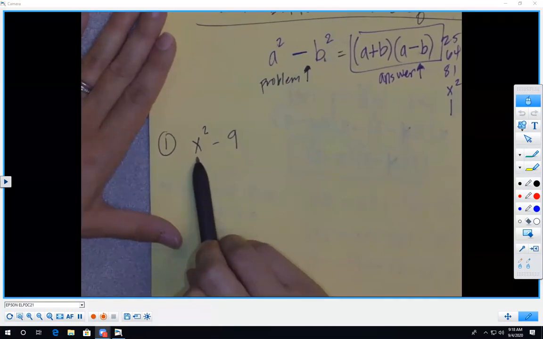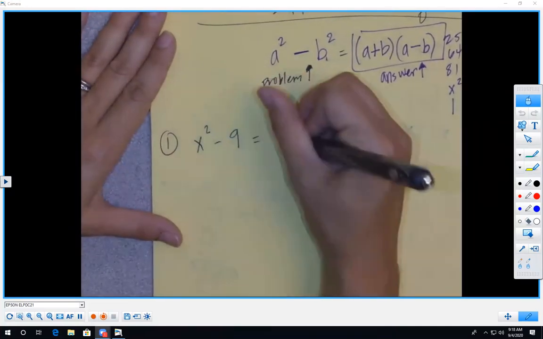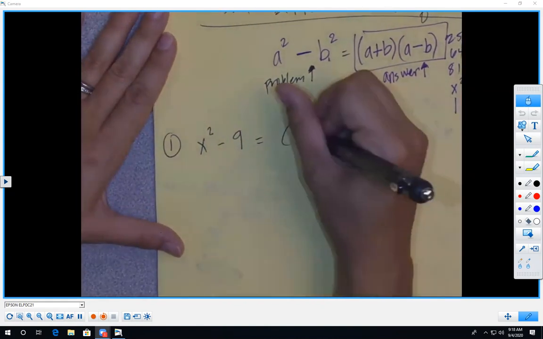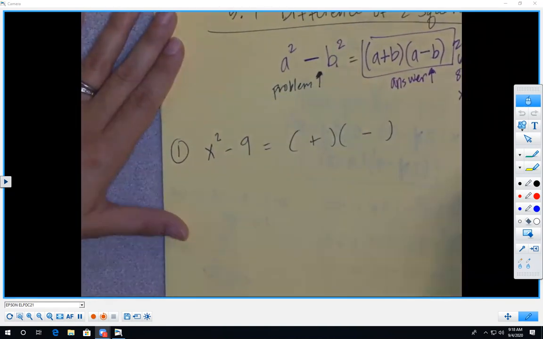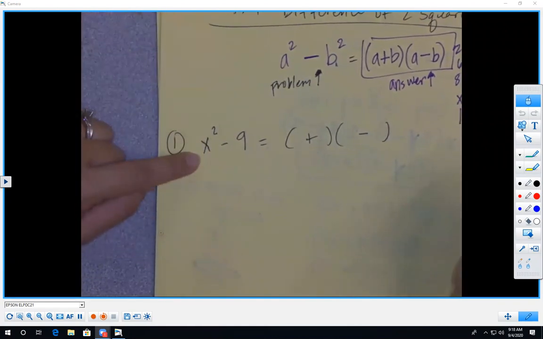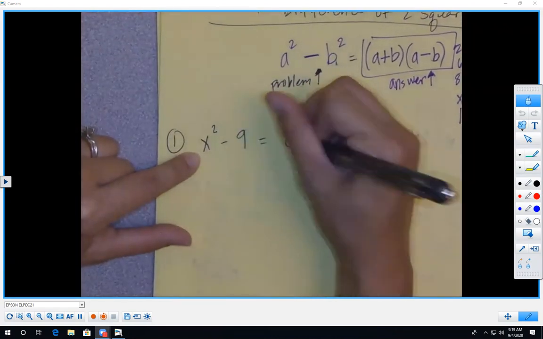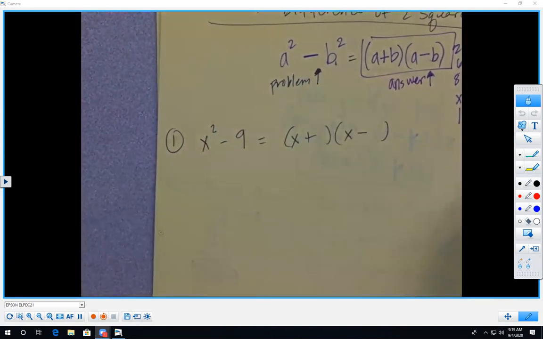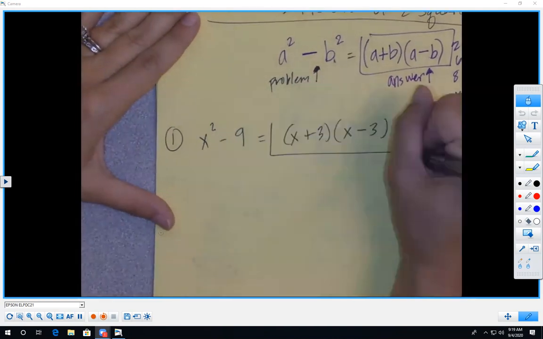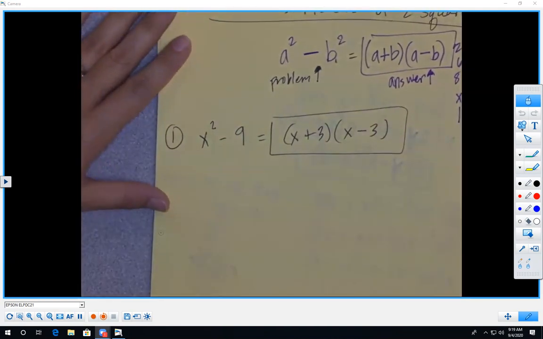I can take the square root of x squared. So my answer is two sets of parentheses. One has a plus sign, one has a minus sign. And then I take the square root of everything. What's the square root of x squared? X, and it's going to go at the beginning of both sets of parentheses. What's the square root of 9? 3, and it's going to go at the end of both sets of parentheses, and that's your answer: x plus 3, x minus 3.